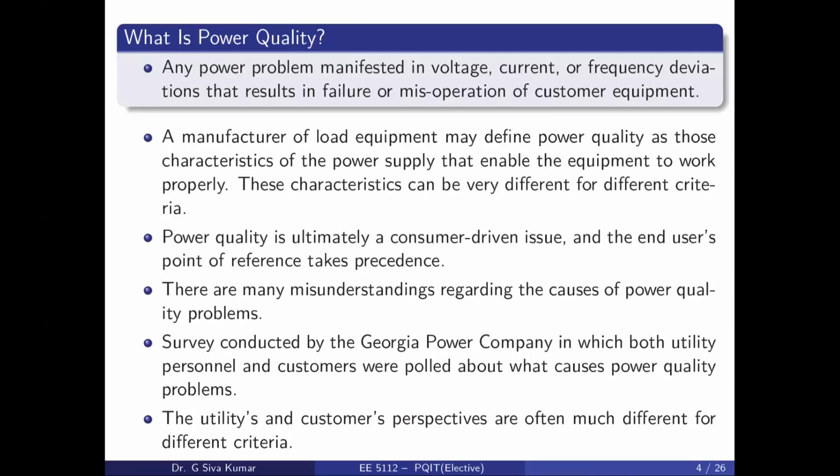Suppose you are buying any equipment, a desktop computer or a mobile, they specify the voltage limits, the frequency and the current. This specifies about 230 plus or minus 10 volts, and maybe the frequency is 50 plus or minus 0.02 hertz.